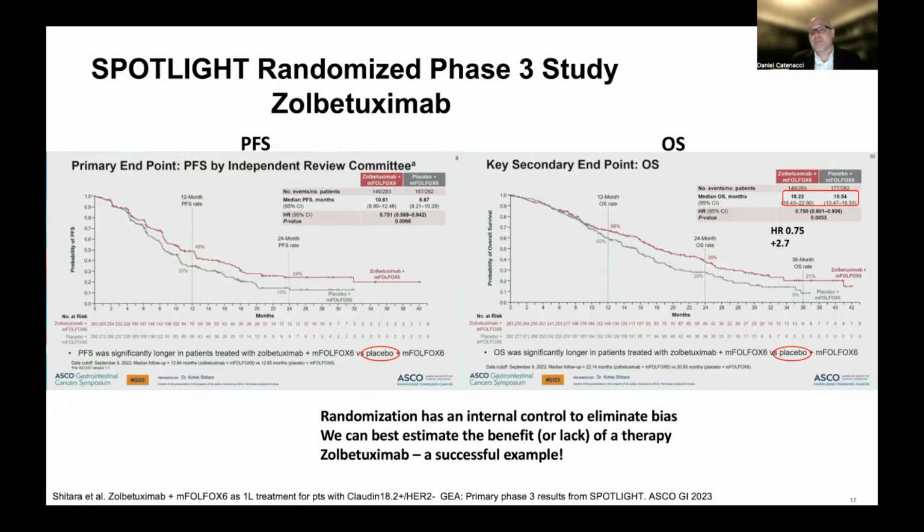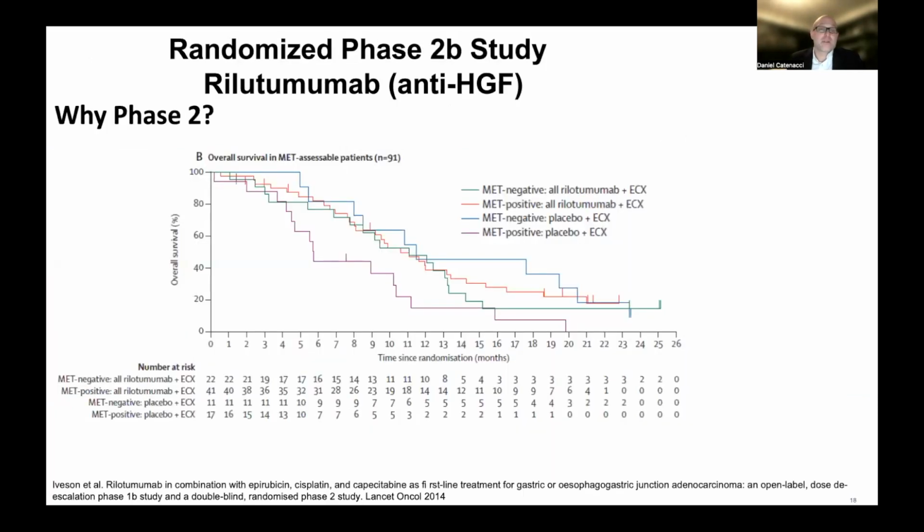So this is an example I've been taking you through, phase 2 and phase 3 of the zolbetuximab success story. But as I've pointed out, there's probably more stories along the way that have unfortunately not been success stories. One example is the story of MET expression, an oncogene that can be overexpressed in tumors.